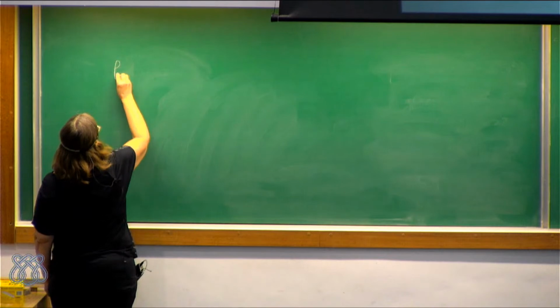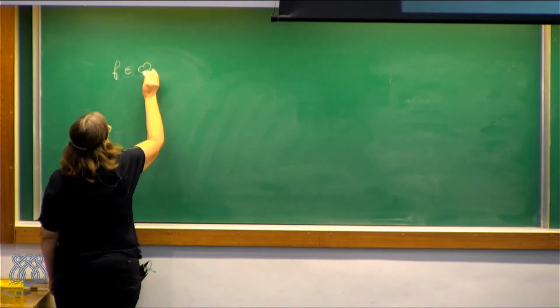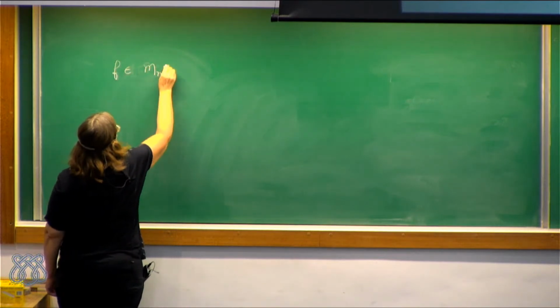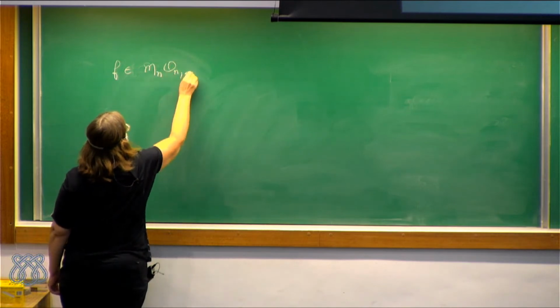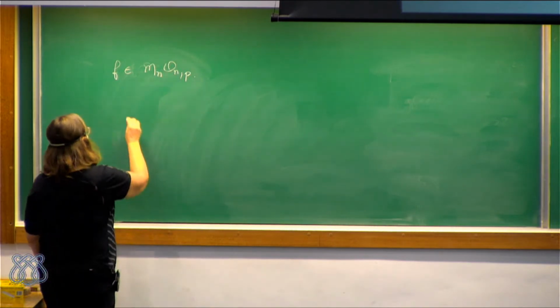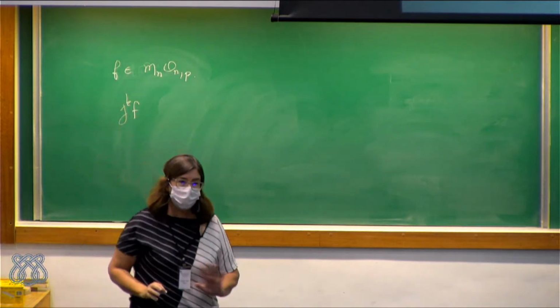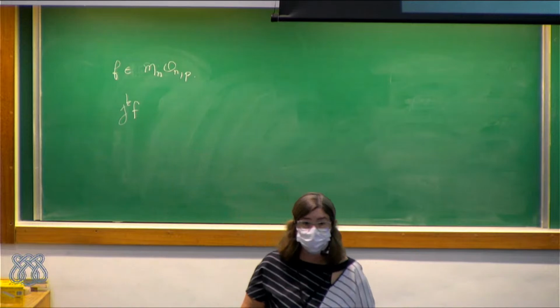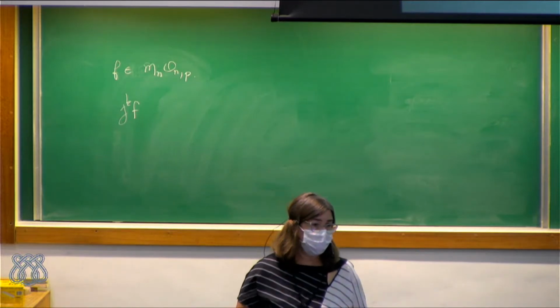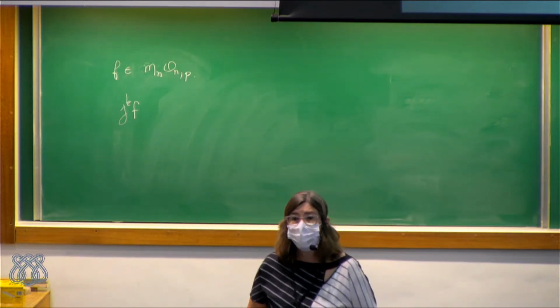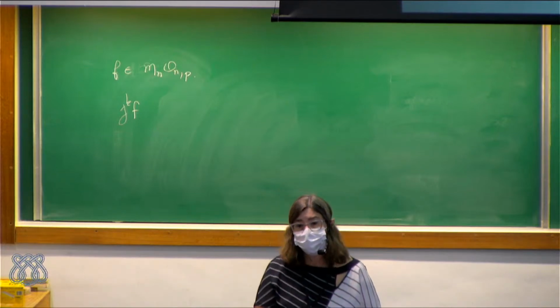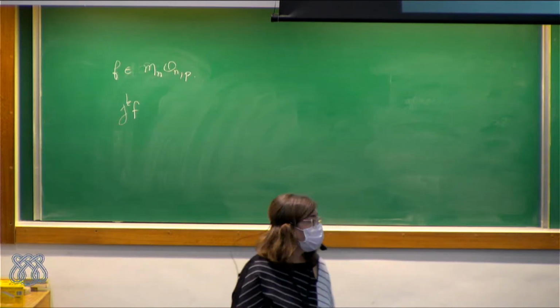You take a germ in Mn, ONP, and you look at the k-jet. The k-jet, for me, means the k-jet at the origin. So you just take the Taylor polynomial of degree k and drop off the constant.